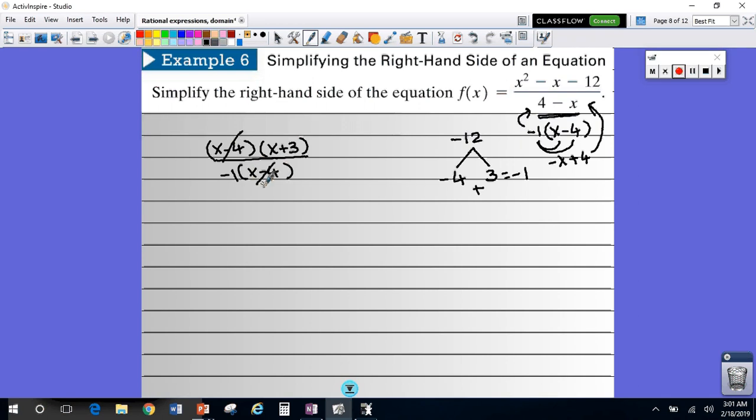So x minus 4 will be crossed out. x plus 3 divided by negative 1 is negative 1 times x plus 3, or negative x minus 3.